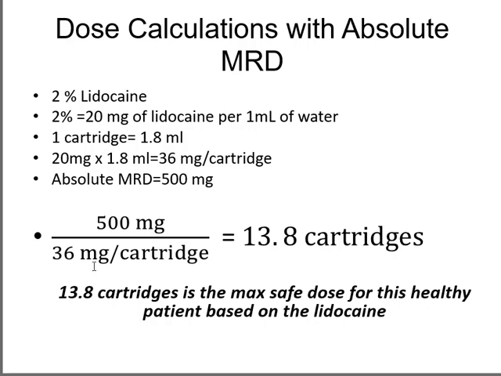You divide the 500 by the 36 milligrams per cartridge, the milligrams cancel out, and you end up with 13.8 cartridges based solely on the lidocaine. Now remember, we need to talk about vasoconstrictors.